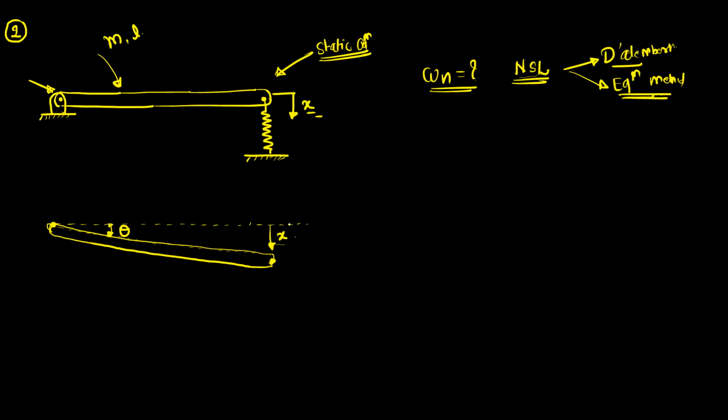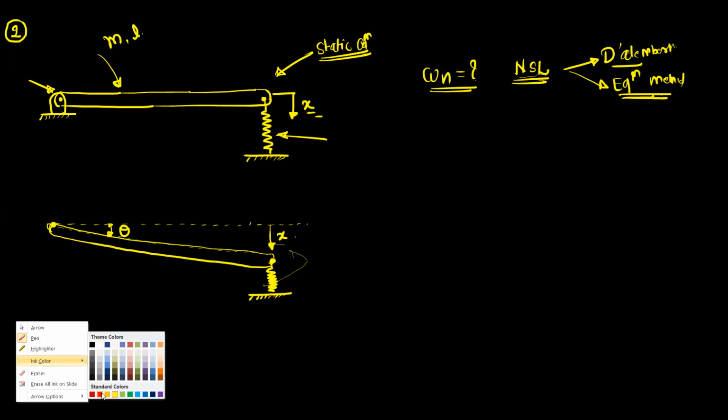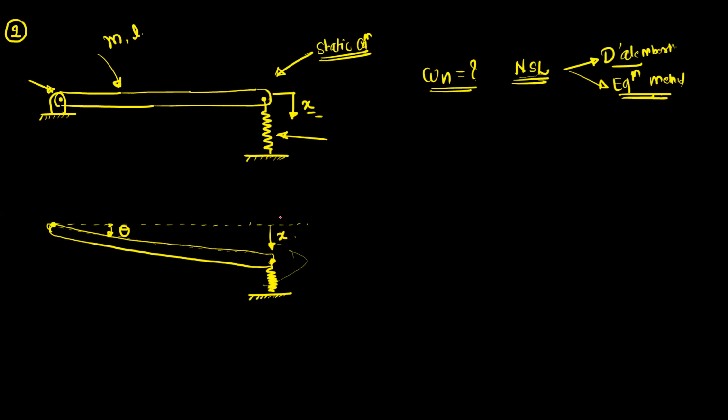Because of this x displacement in the downward direction, this spring will undergo compression. This is the compressed spring. As the spring gets compressed, it will provide some restoring force. For this system, the restoring force will be in the upward direction, because the spring will try to bring the system to its mean line.